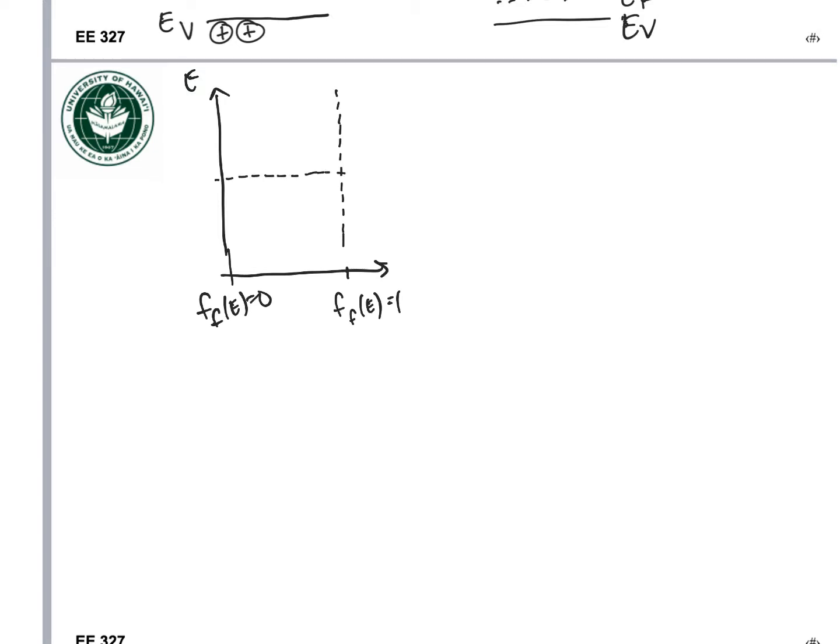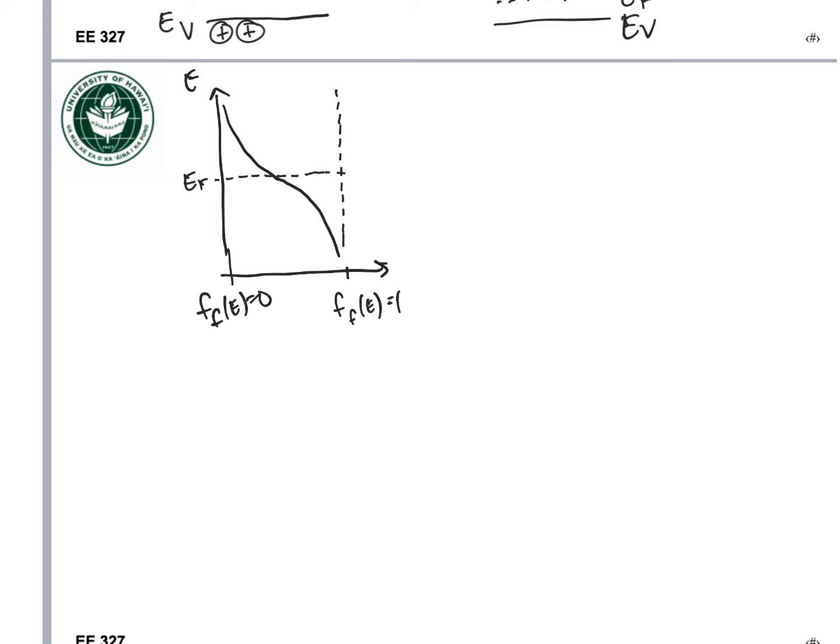This is going to be plotted rotated from what we did before. So at the Fermi level, the probability is a half, right between the two tick marks on my x-axis, and then it's a curved looking function. Okay, so this is my Fermi-Dirac probability function.